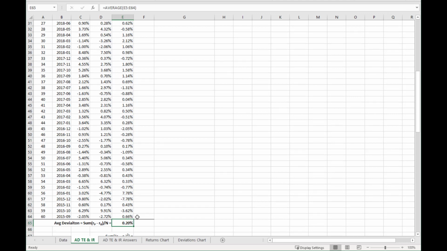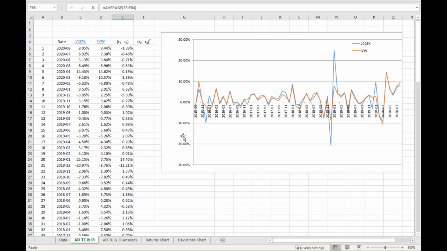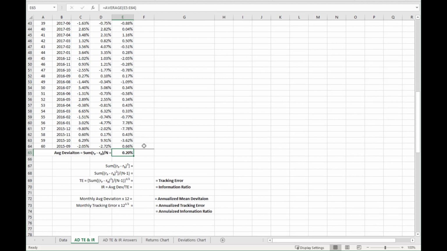And so the way to interpret this number is, and it's tough to see, but on average, the blue line was 20 basis points or 0.2% per month above the orange line. And so I can see that this portfolio actually beat the benchmark. The average deviation was higher. And in a simple way, I can assume that it'll continue to do this going forward.